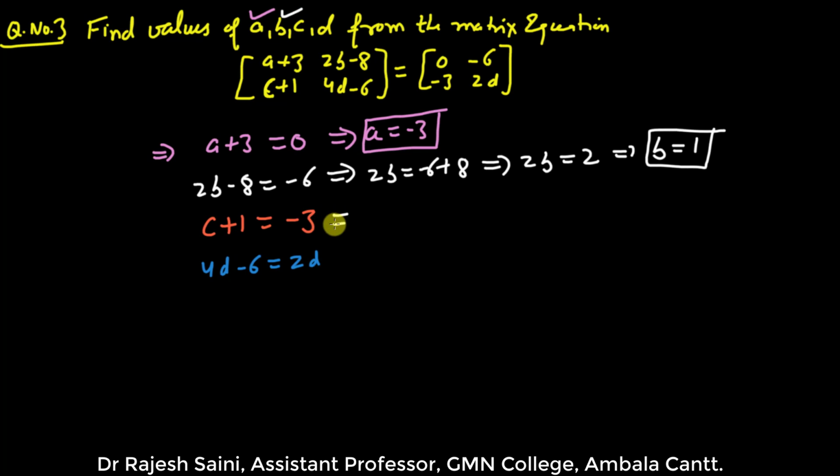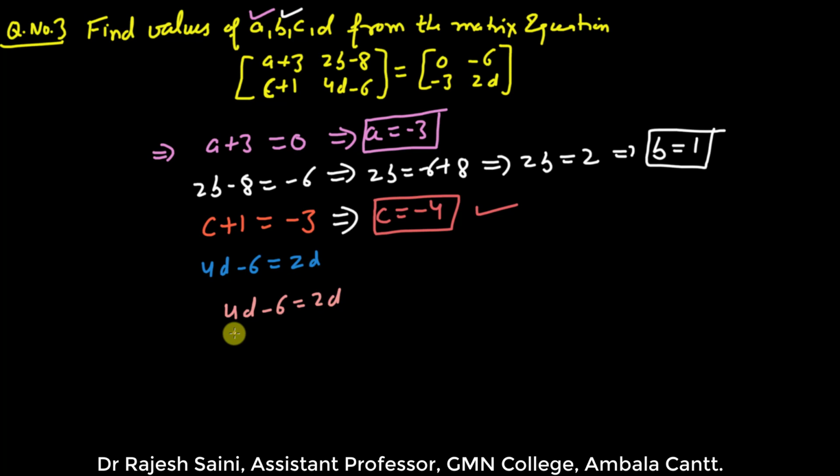So this implies that c plus 1 equals minus 3, so the 1 will go over there with a minus sign, so this will be minus 4. So c is minus 4. From here we will calculate the value of d. So we have 4d minus 6 is equal to 2d.